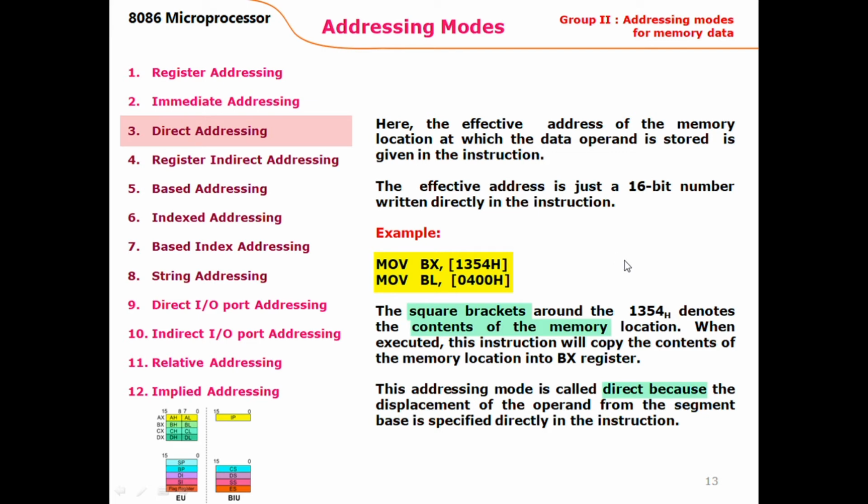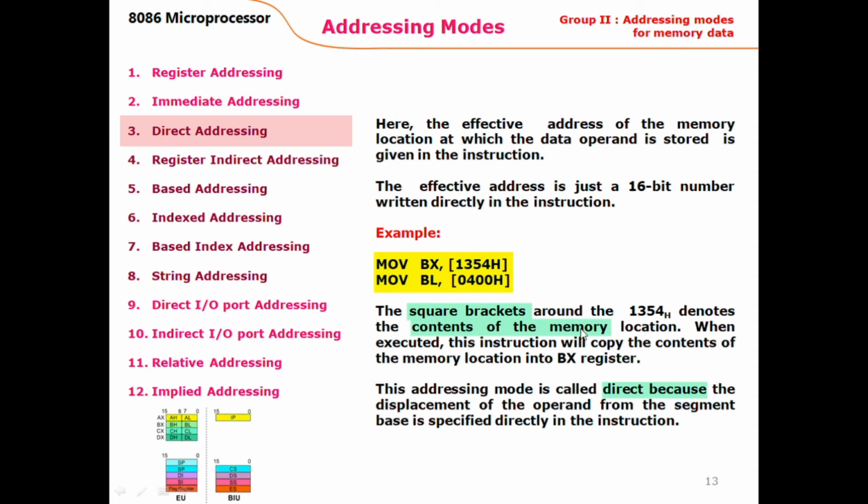The effective address is just a 16-bit number written directly in the instruction. So here we have some examples. Move BX, 1354h enclosed in brackets. This value is the effective address. This is a 16-bit effective address.